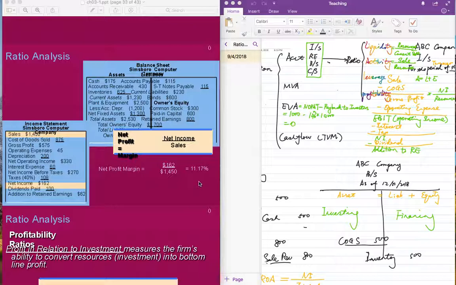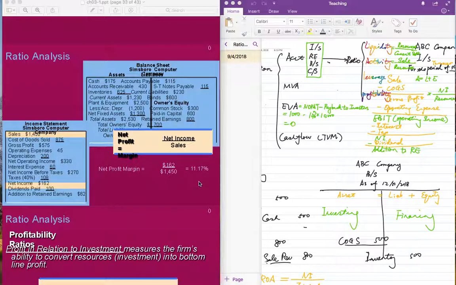For instance, retailers usually don't have a good or high net profit margin, like Target. I'll often use Target as an example, 2.5% net profit margin. So every $100 of sales only generates $2.50 of net income for Target. Is it good? Is it bad? You think it might be low, but it's not true.